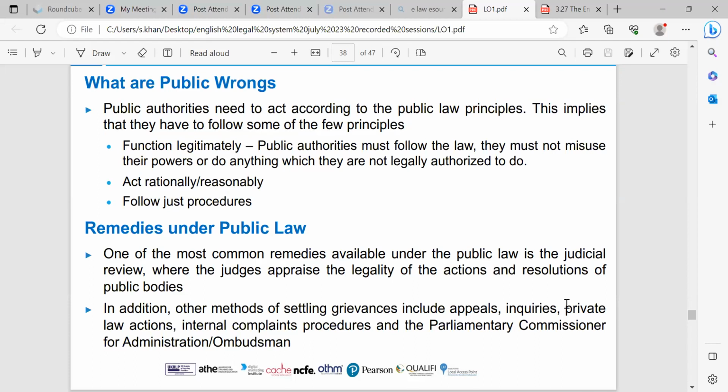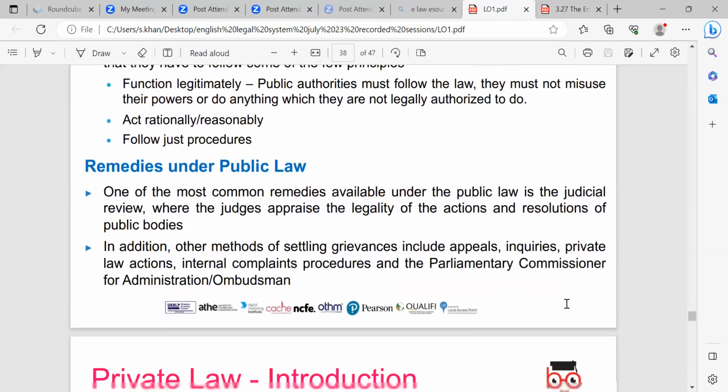Remedies under public law. One of the most common remedies available under public law is judicial review, where the judges appraise the legality of the actions and resolutions of public bodies. In addition, other methods of settling grievances include appeals, inquiries, private law actions, internal complaints procedures, and the Parliamentary Commissioner for Administration, which is the Ombudsman.